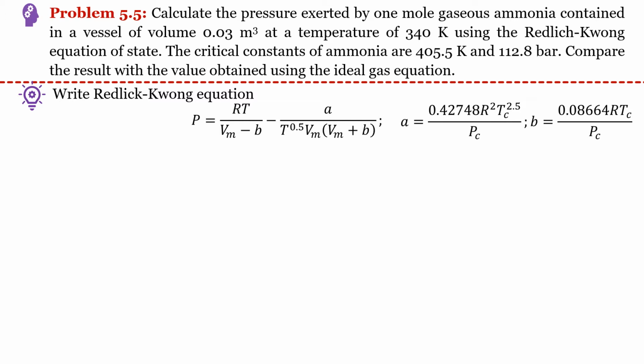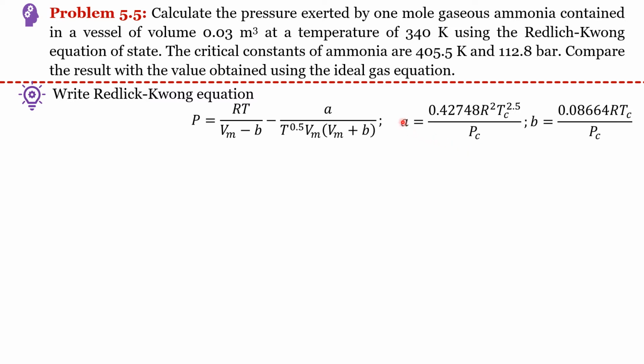Now in the problem, volume is given, number of moles is also given, that is 1 mole, temperature is given, and the critical values, temperature Tc and pressure Pc, are given.